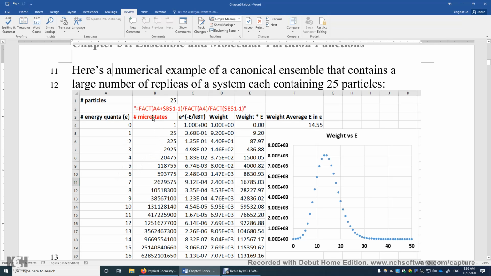How do we do that? Here's the equation. You just type up equal sign. FACT is the factorial function.